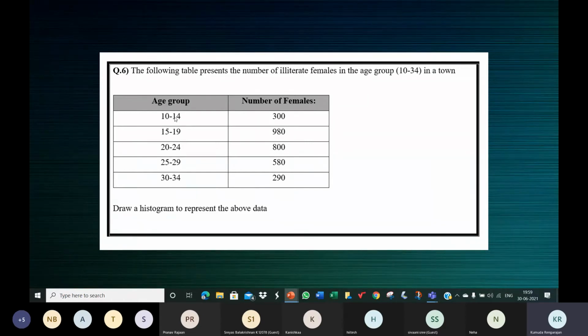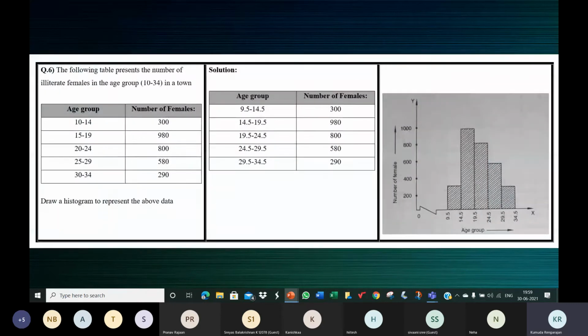So let's just do the first one. 10 minus 0.5, 9.5. 14 plus 0.5, 14.5. So you do that yourself, children, so that you understand. Let me just show you the solution slide. So this is what you get when you subtract 0.5 from all the lower limits and add 0.5 to all the upper limits.